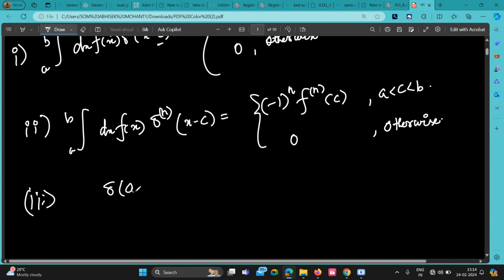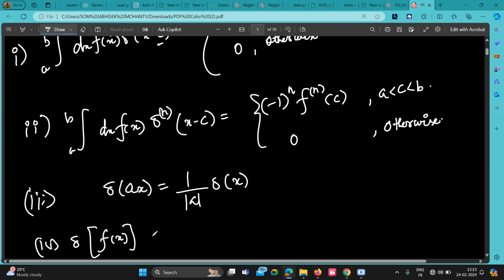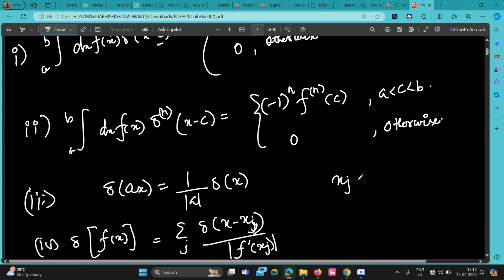Next formula is delta(ax) is equal to 1 by a delta(x). And the fourth is delta(f(x)) is equal to summation over j of delta(x minus xj) divided by f dash(xj), where xj are zeros of f(x) and where f dash(x) is not equal to 0.